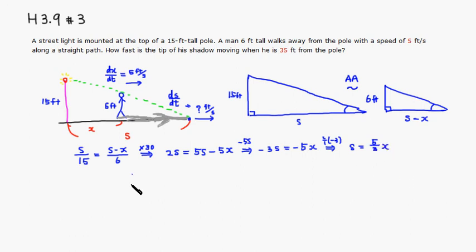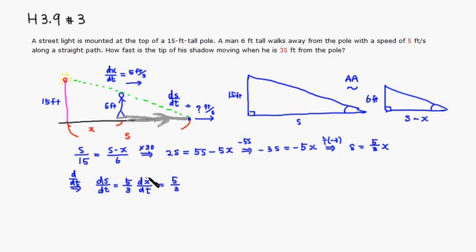Then we can take the derivative with respect to t, since we are looking for ds over dt. 5/3 is just a constant multiple, and the derivative of x with respect to t is dx over dt. So what you get is 5/3 times dx over dt.